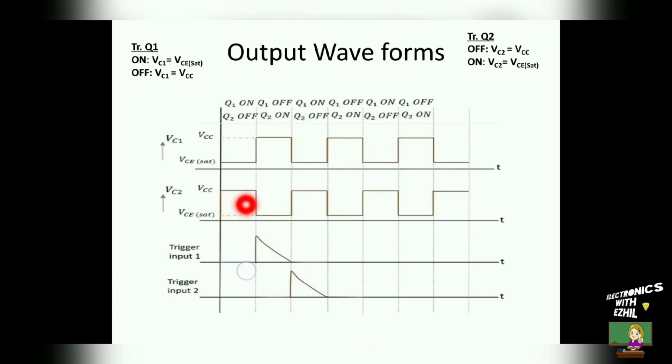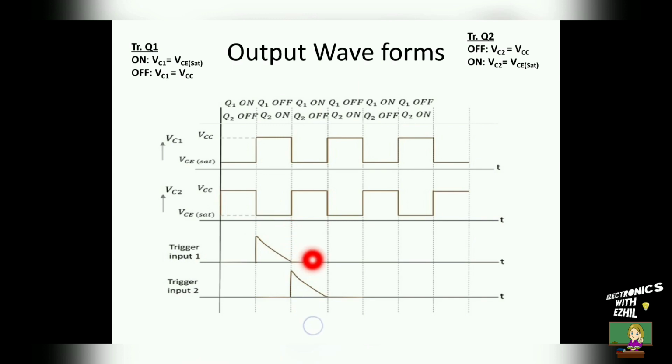So the circuit will stay at this logic 1 level until the external trigger pulse, which is the reset pulse, is given to the transistor 2. Once it is given to the transistor 2, the circuit will switch from logic 1 to logic 0.